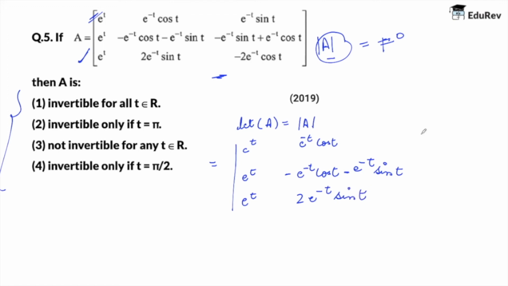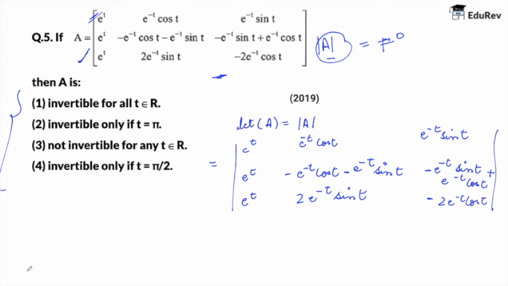Then the last row: e to the power minus t sin t, minus e to the power minus t sin t, plus e to the power minus t cos t, and finally minus 2e to the power minus t cos t.